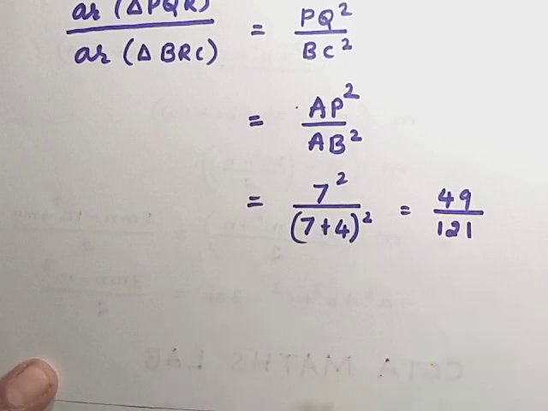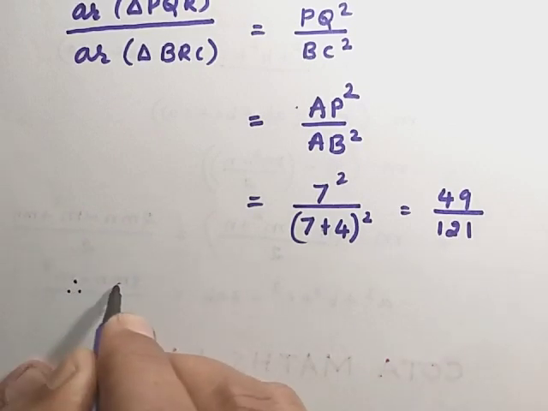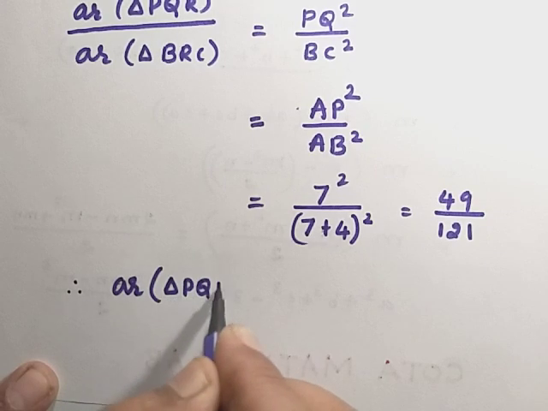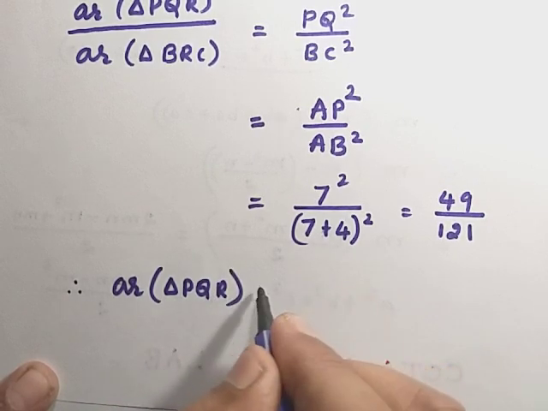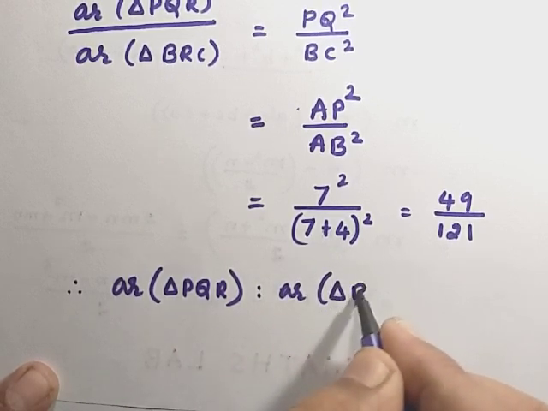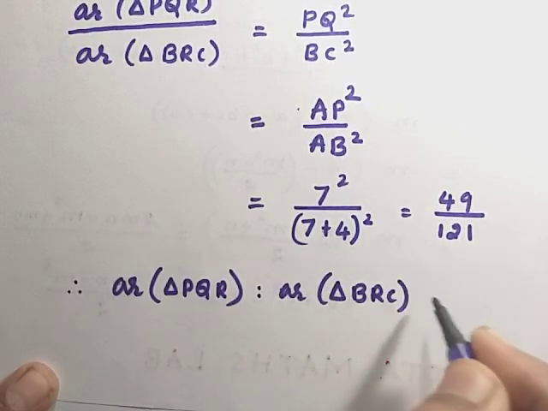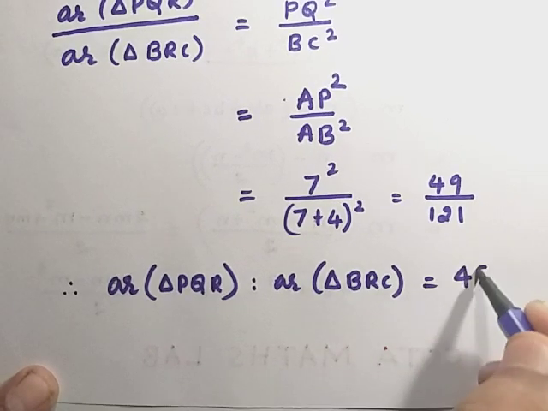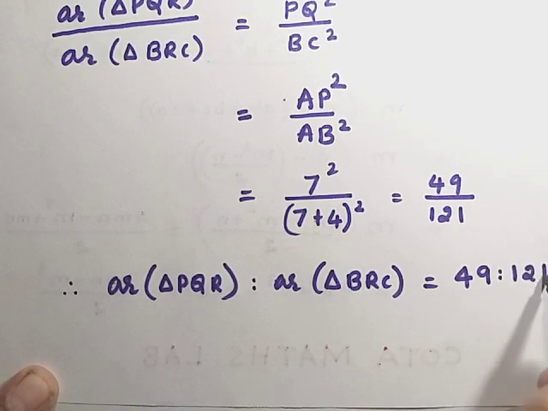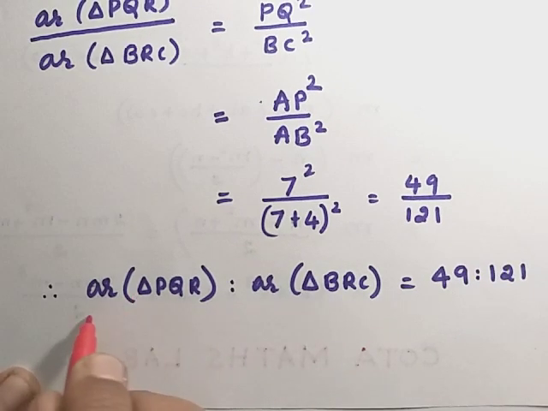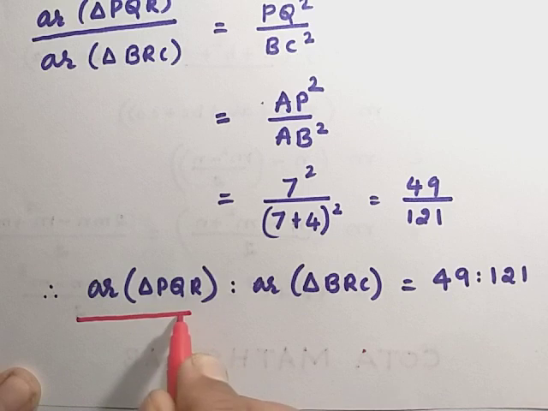Therefore, the ratio of area of triangle PQR to area of triangle BRC is 49 is to 121. This is the result we wanted.